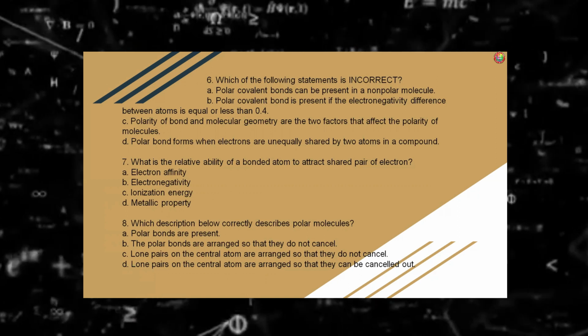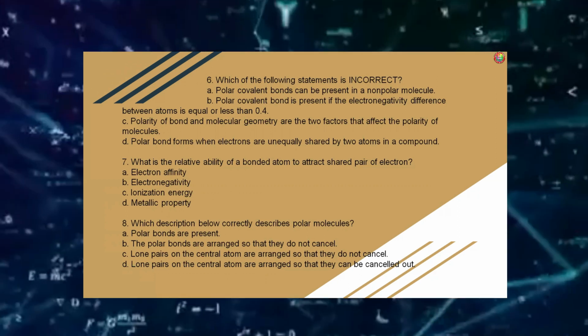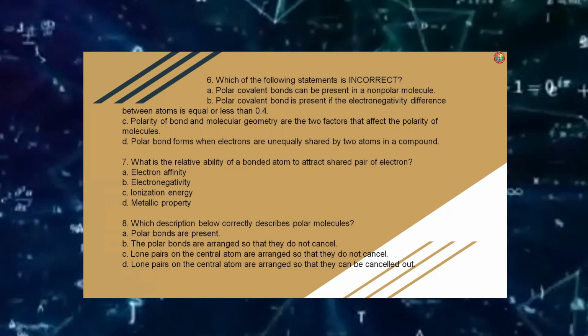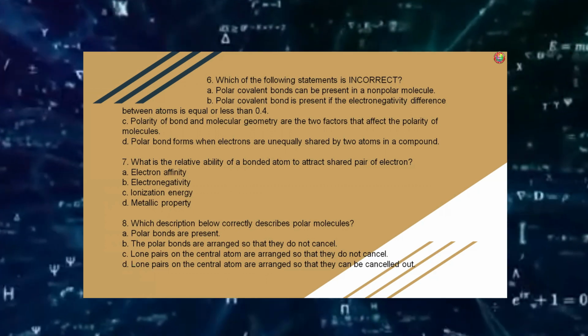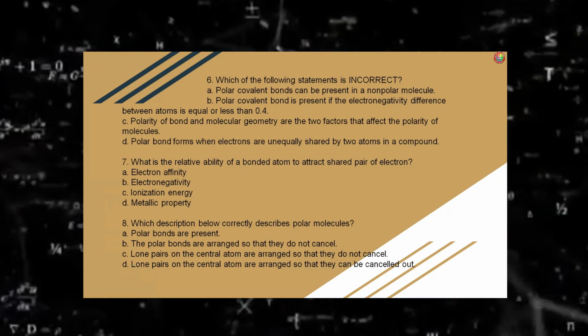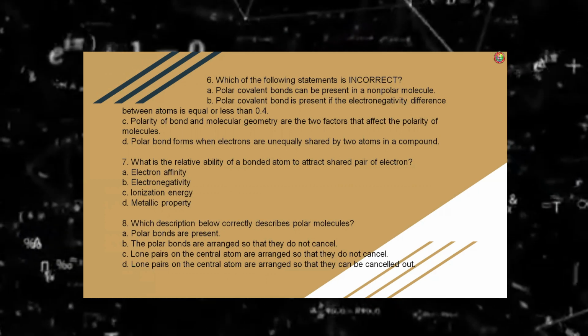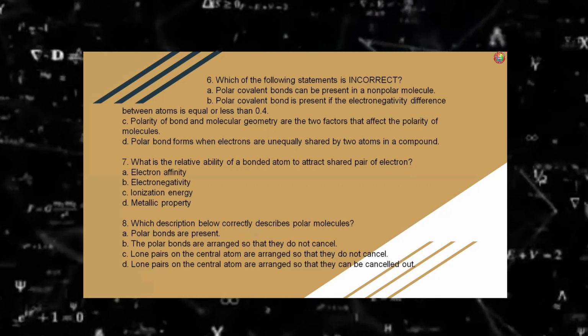Letter D. Polar bond forms when electrons are unequally shared by two atoms in a compound. 7. What is the relative ability of a bonded atom to attract a shared pair of electrons? A. Electron affinity, B. Electronegativity, C. Ionization energy, D. Metallic property.